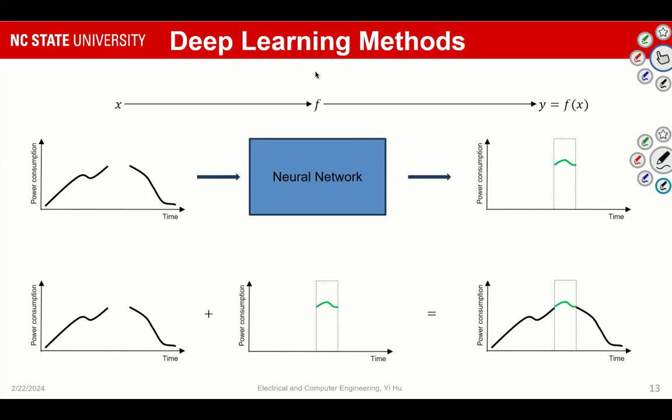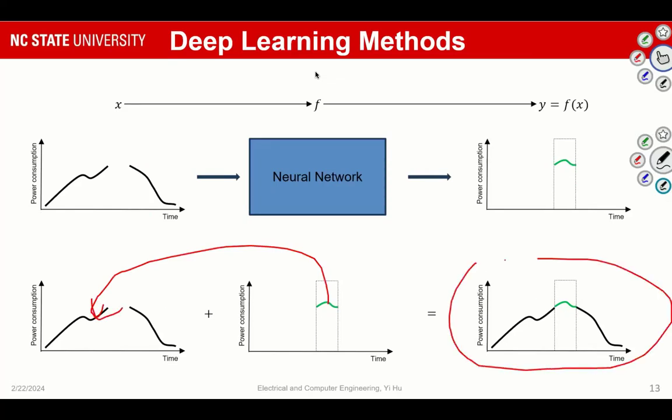So in our case, I feed in a load profile with a missing part, and then the black box is going to give me the missing part, and then I can combine those two together and I get the result I need. So I reach my goal in this way.